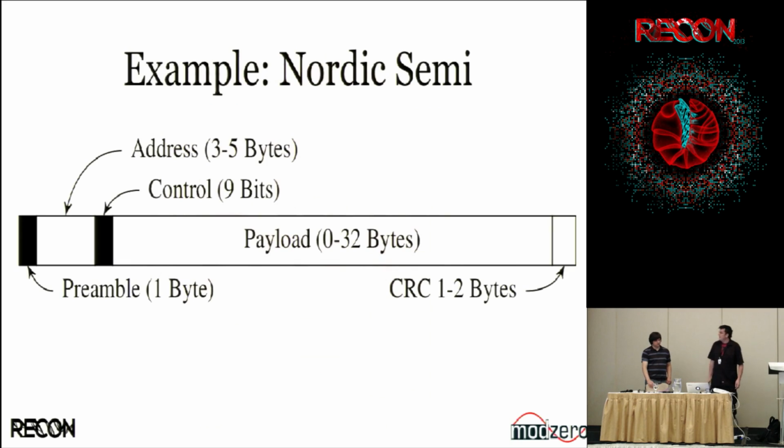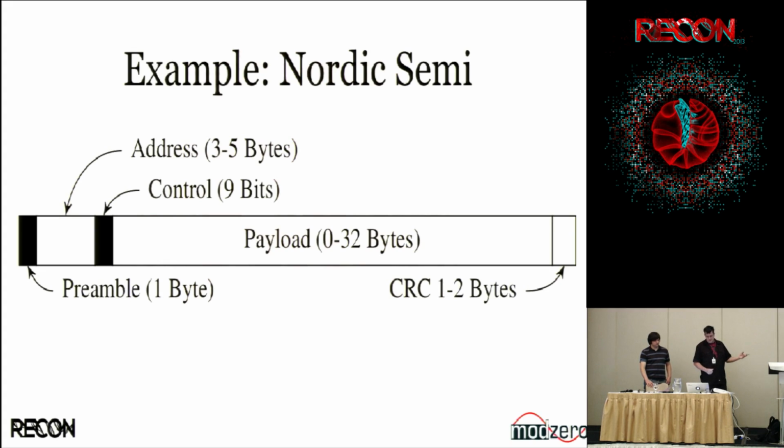So this is the problem that I have been facing a couple of years ago. This is an Enhanced ShockBurst packet that is transmitted over the air. We have variable length MAC addresses and variable length payloads, which doesn't make it easy to capture entire packets.